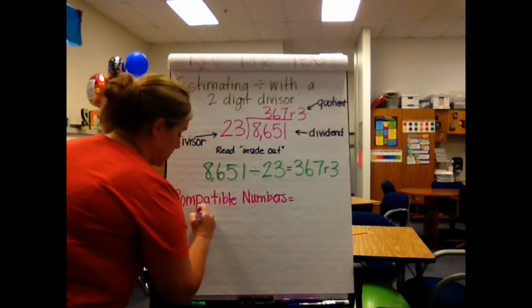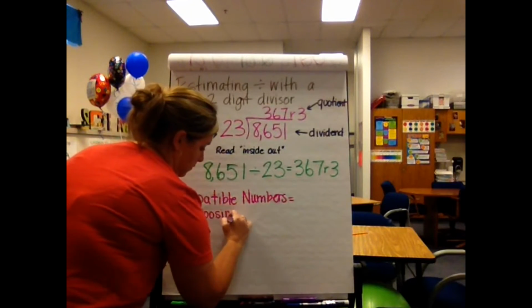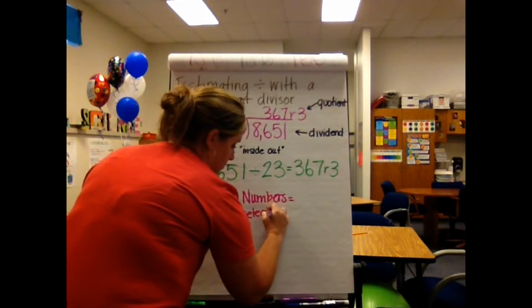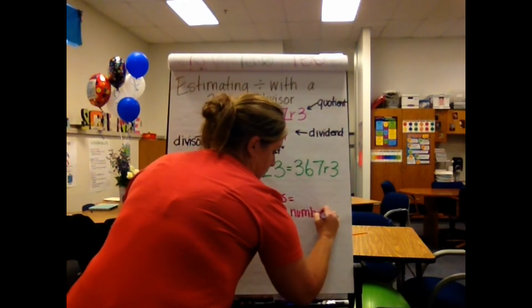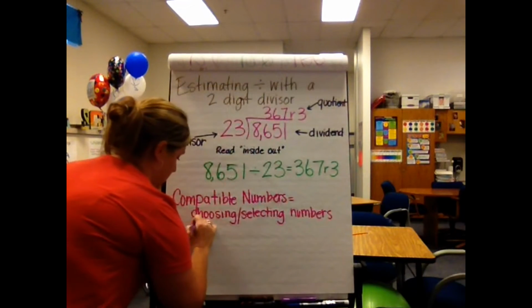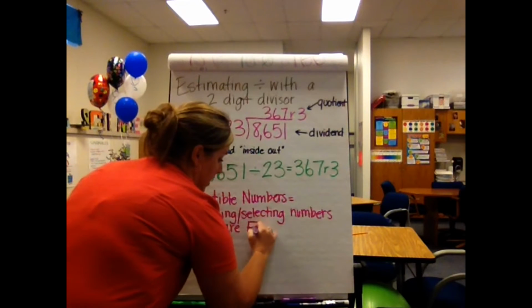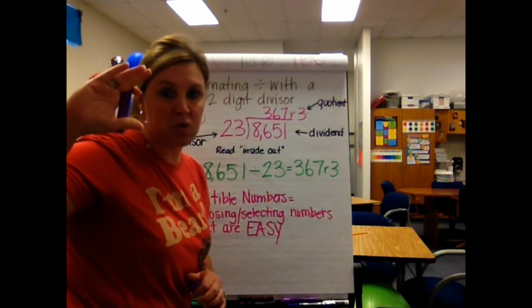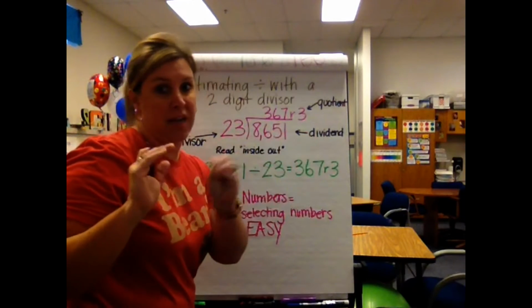When I say easy, I mean when you're able to cover up those zeros and multiply, doing 4 times 3 and being able to write 12 and however many zeros.